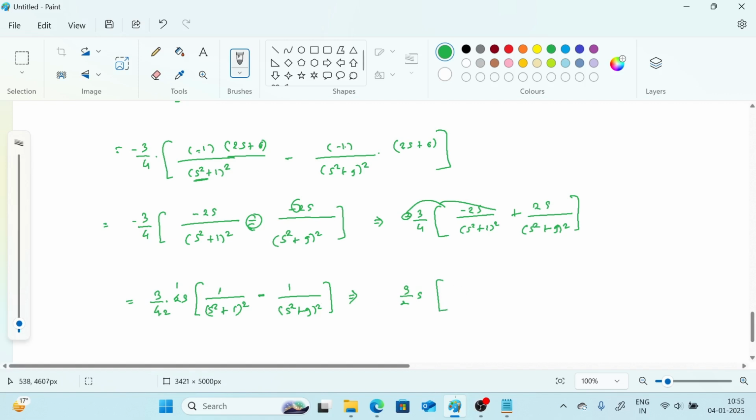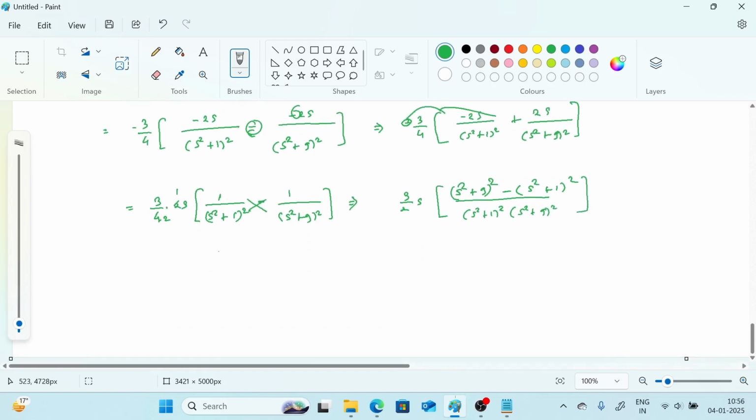If I cross multiply this term, what I will get: (s square plus 9) bracket square minus (s square plus 1) bracket square upon (s square plus 1) bracket square (s square plus 9) bracket square. So I am not going to expand the denominator term.